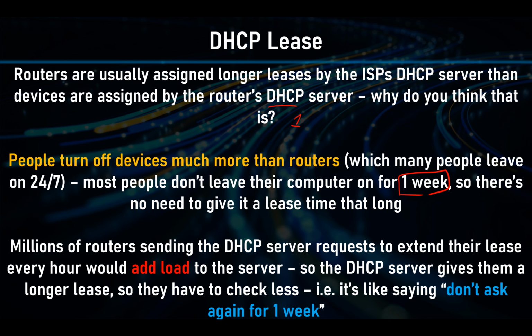Therefore the ISP's DHCP server is going to give them a longer lease, so the routers will have to check with them less. You can think of it as saying, don't ask again for 1 week. Basically that's just going to reduce load on the ISP's DHCP server. So hopefully that makes sense.